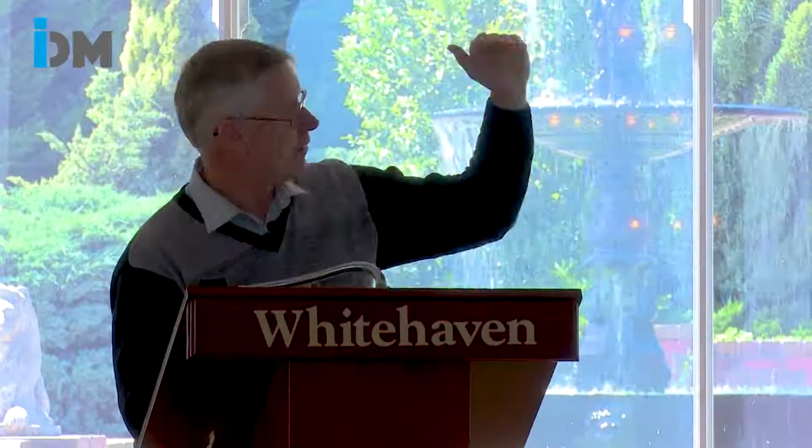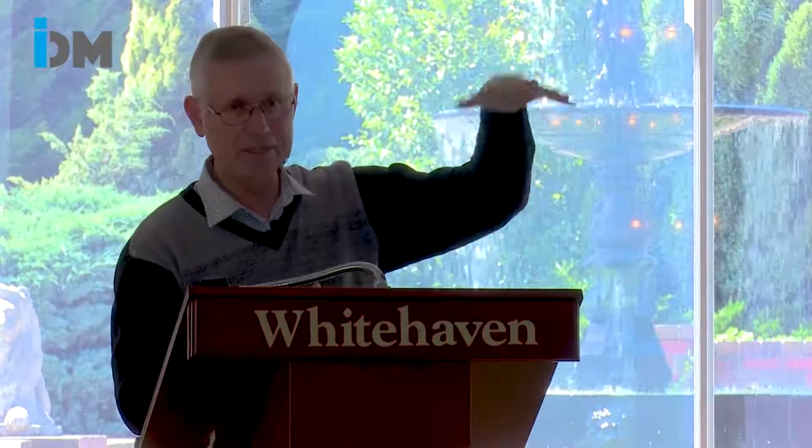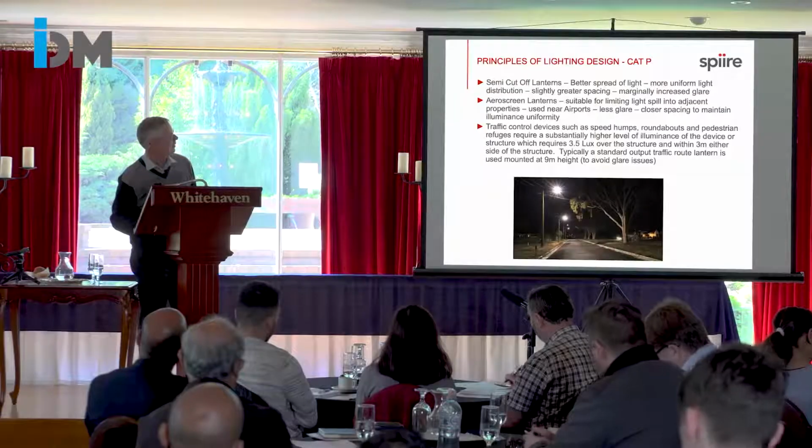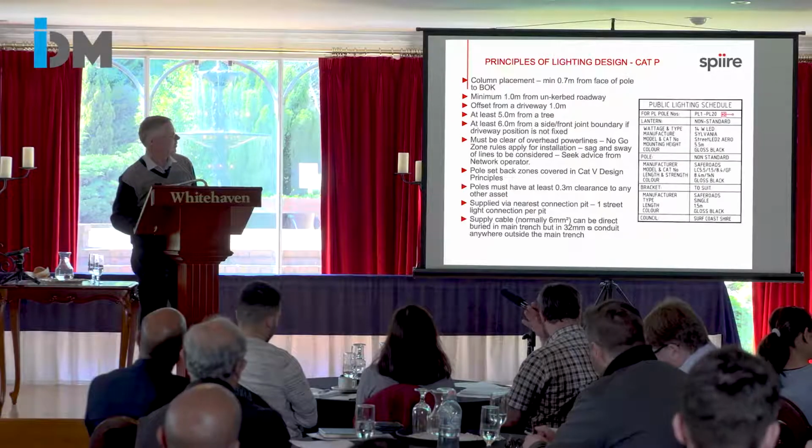You need the lantern that high to avoid glare issues because of the high intensity of light coming out of that fitting. You do get glare issues if they're mounted too low. To a lesser extent with LEDs, but it's still potentially a glare issue. So yeah, higher mounting heights are generally required.